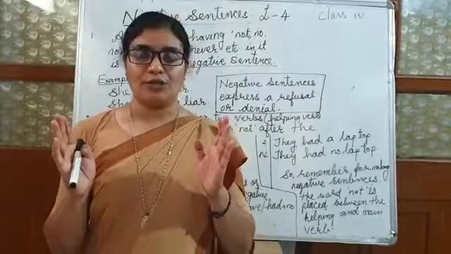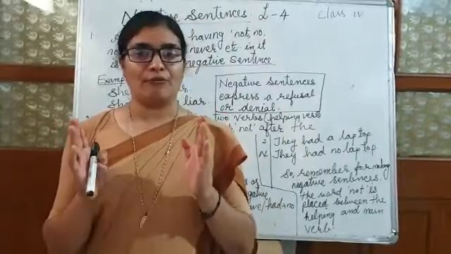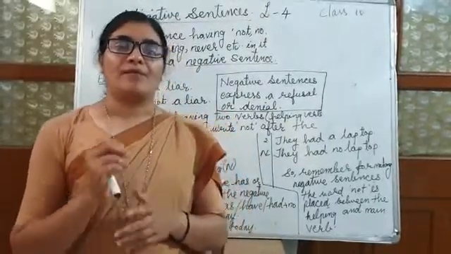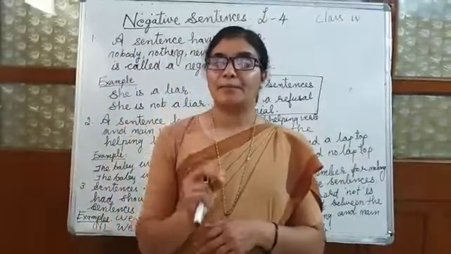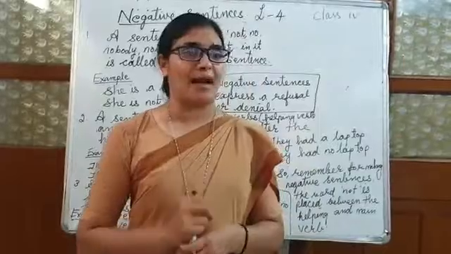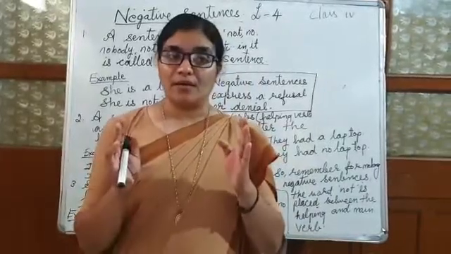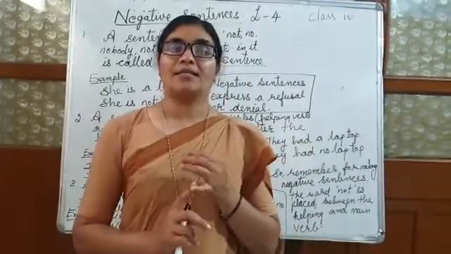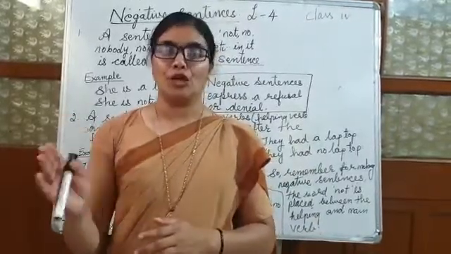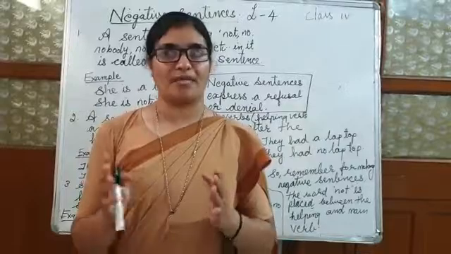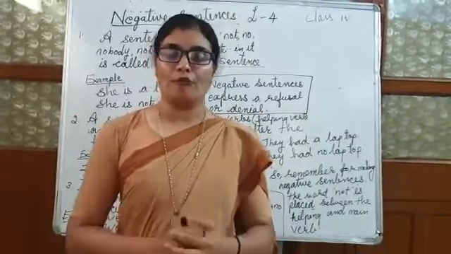Now, to keep in mind a few points. When we use negative sentences in the simple present or simple past, it is formed as do, does, did plus not, and the base form. Base form is the first form of the verb.